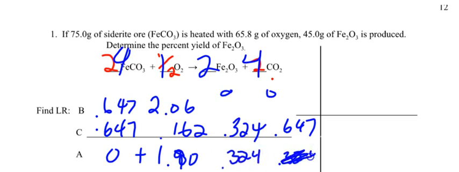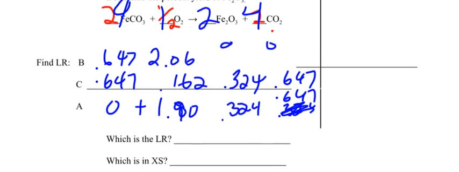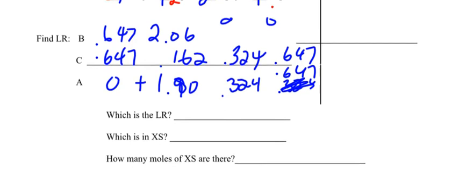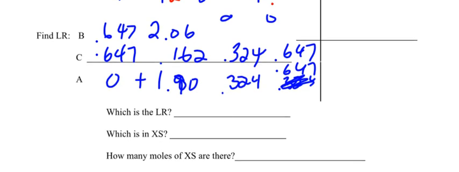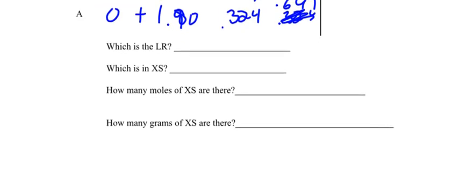Oh, already got that. 0.647. There we go. Okay, so now what? Which is my limiting reactant? Siderite, FeCO3, which is excess oxygen. How many moles of excess are there? 1.90.